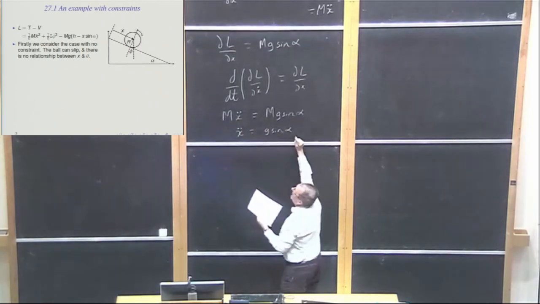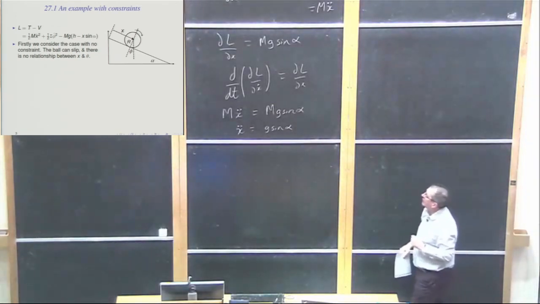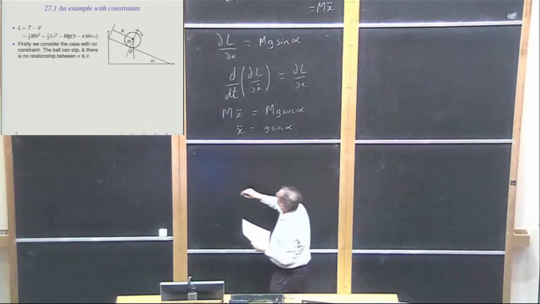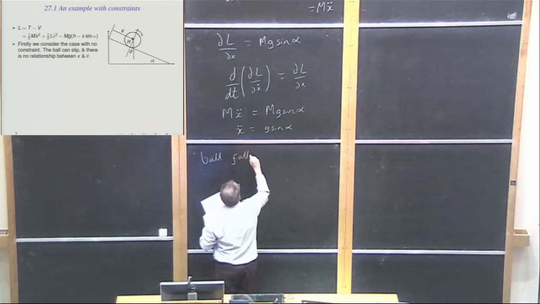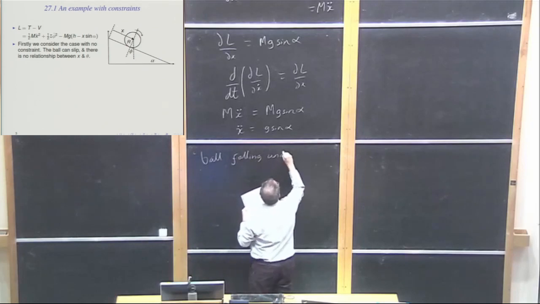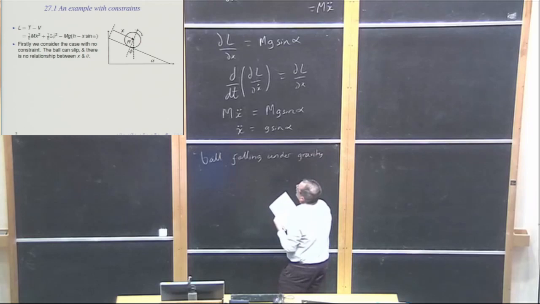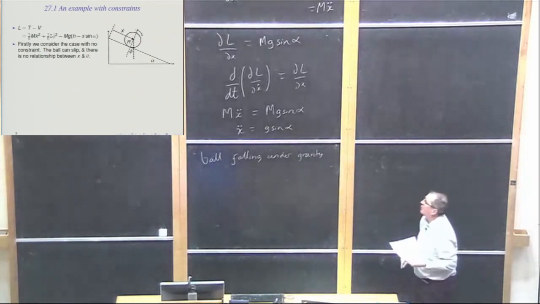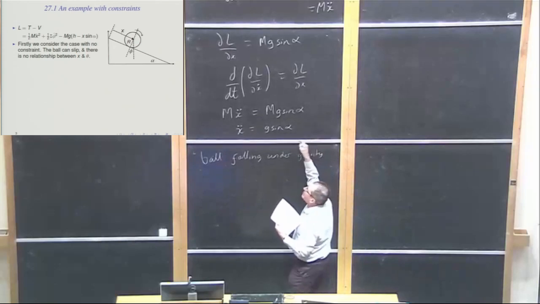So nothing else is happening apart from the ball falling under gravity. That's just the same result you'd get for a block, some cube sliding down a frictionless slope.